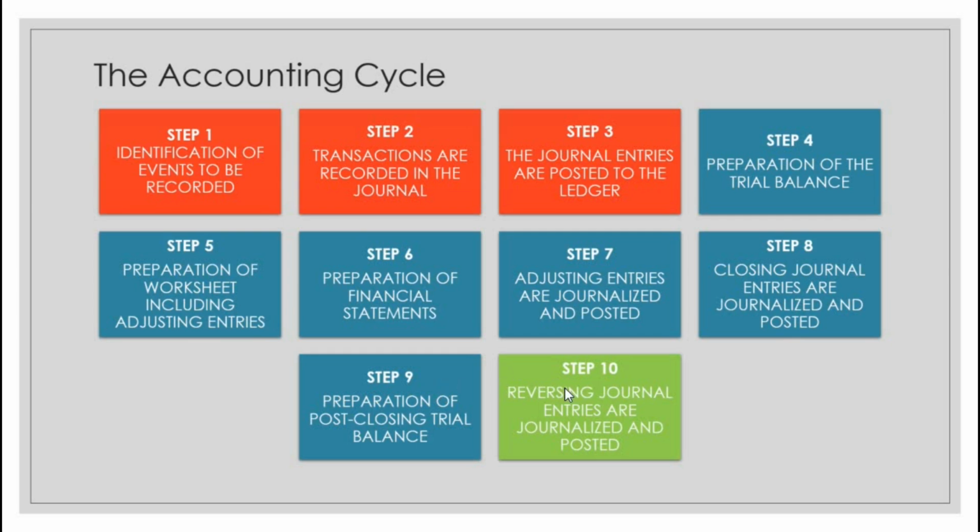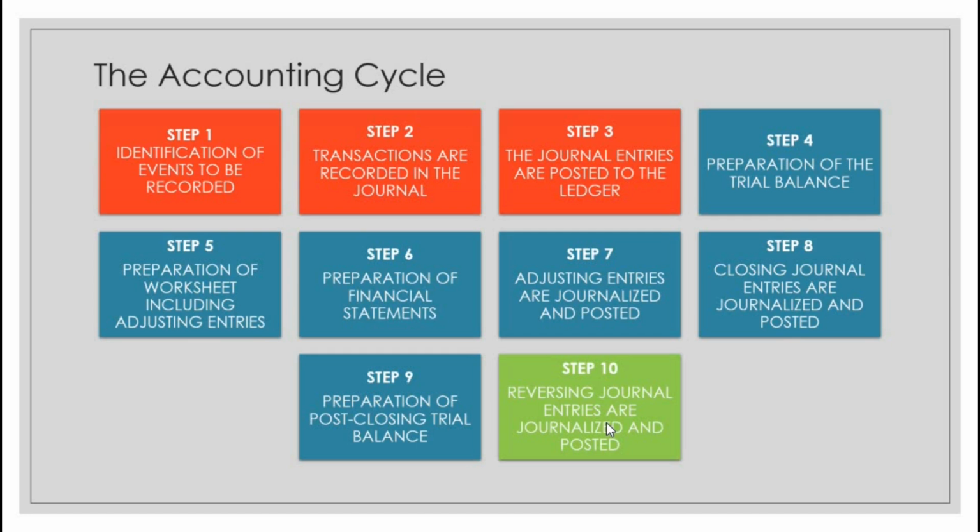Lastly, we have step 10. Step 10 refers to the reversing journal entries which are journalized and posted. If you have noticed, this last step is colored green. Again, purposely, because I want you to remember that this last step is optional and it occurs at the beginning of the next accounting period.